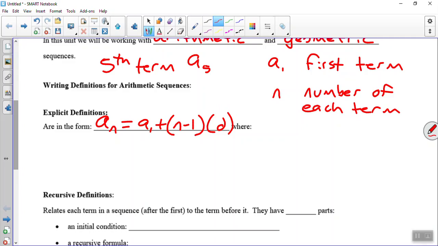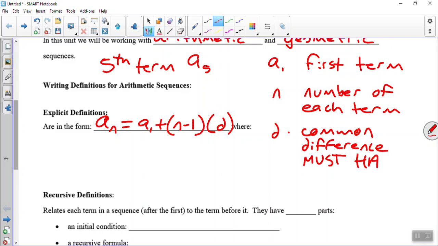D is your common difference between each term. You must have a common difference to have an arithmetic sequence. And A sub n is just the result.